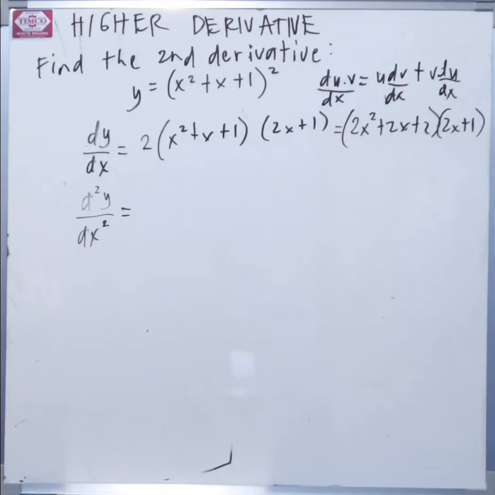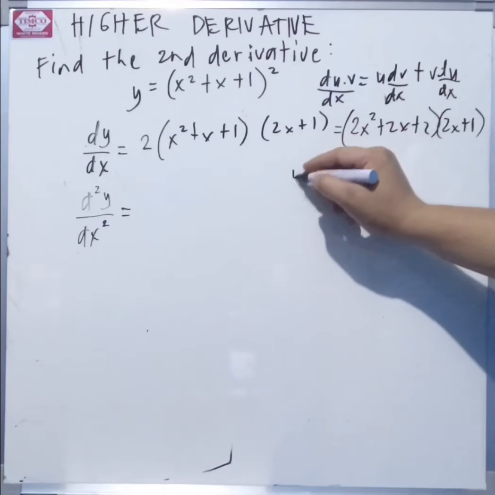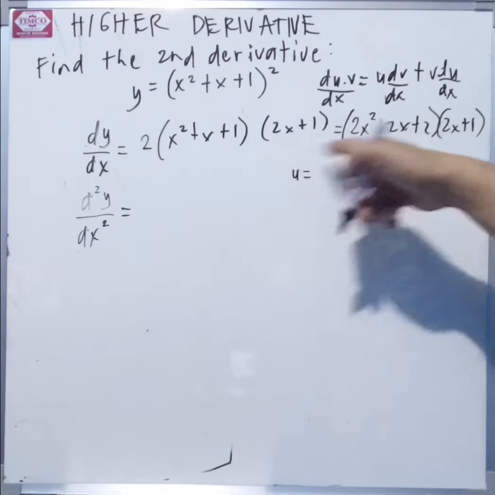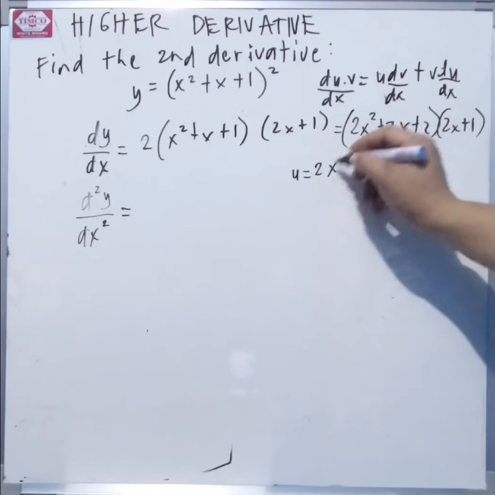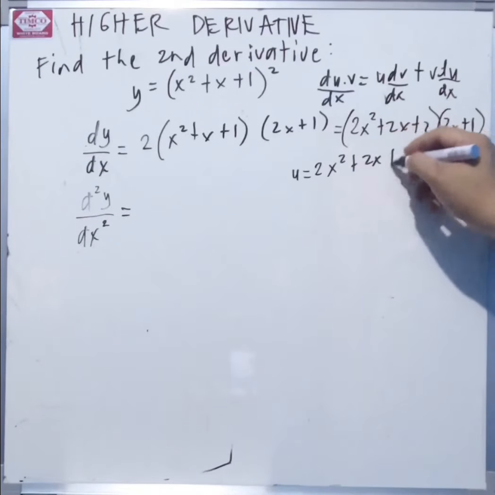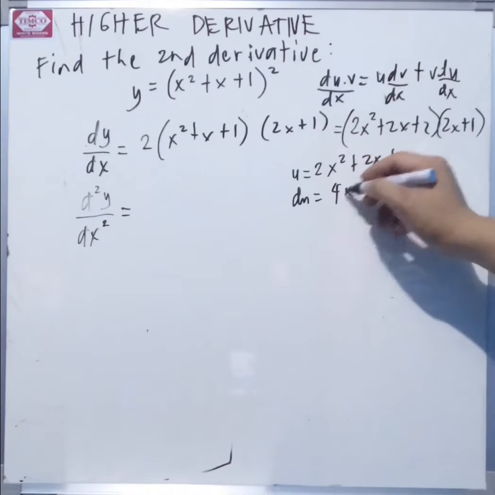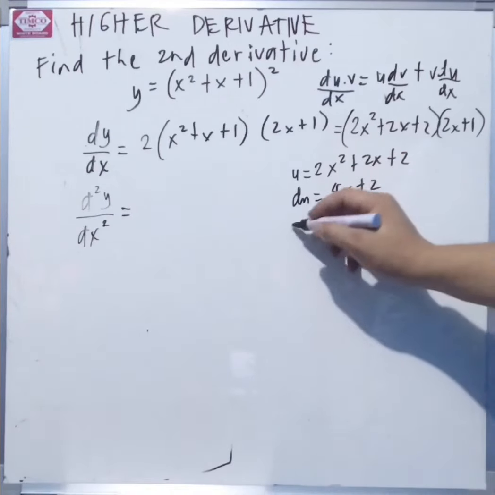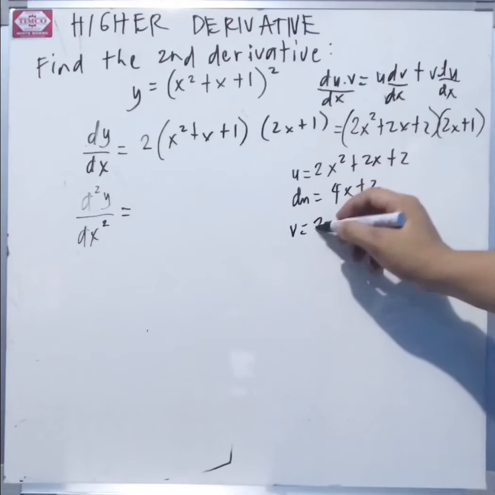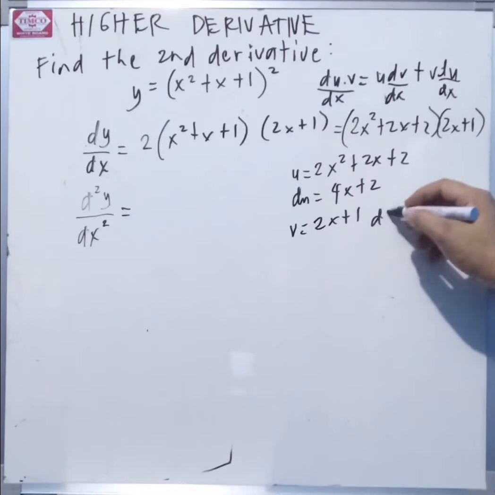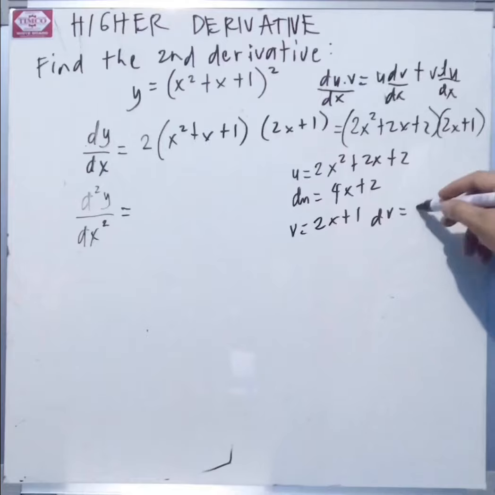So for the second derivative, we have u. Let u be 2x squared plus 2x plus 2, so our du is 4x plus 2. Then we have v, 2x plus 1, and our dv is 2.